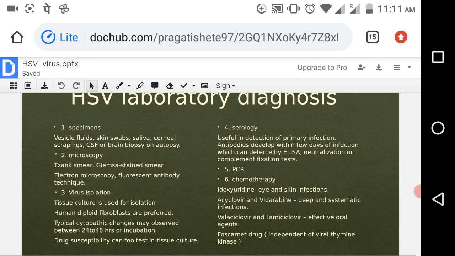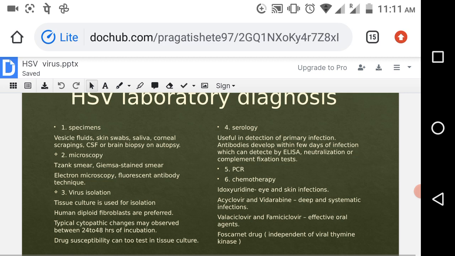Now this sample is stained with a 1% aqueous solution of toluidine blue for 15 seconds, and then it is observed for multinucleated giant cells with faceted nuclei and homogeneously stained, ground glass chromatin, and that is called the Tzanck cells.